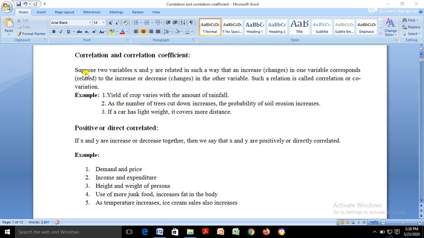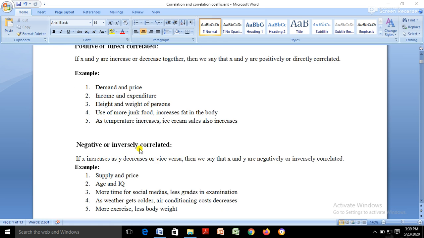So in correlation, two variables x and y are related such that they may increase or decrease. The relation between two functions is called correlation. In correlation, two types are there: positive correlation and negative correlation. Positive means both x and y increase or decrease. Negative means if x increases, y decreases, or y increases, x decreases.